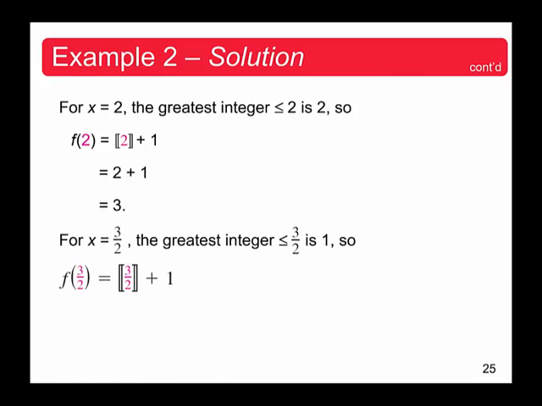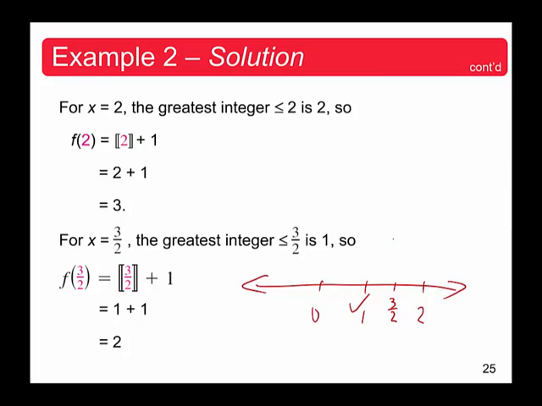And the greatest integer less than or equal to 3.5. 0, 1, 2, 3.5 is here. So the greatest integer which is smaller than 3.5 must be 3. Okay, so it's 3 plus 1 gives us 4. All right, so draw a number line.